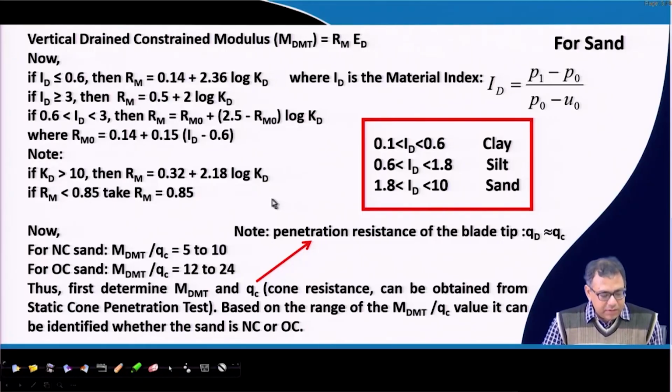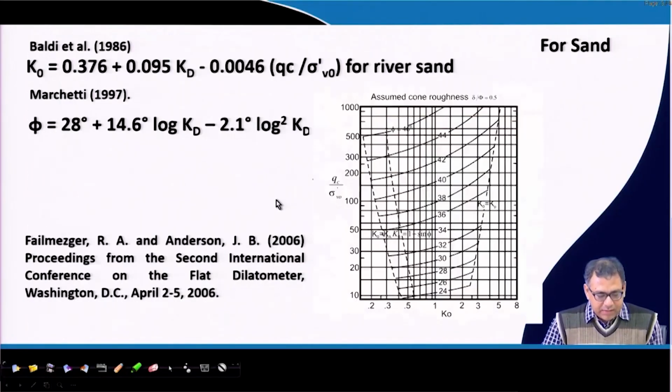Now, for sand also we can calculate the K0 by using this expression. This QC is the cone resistance that I get from the static cone penetration test, and sigma V0 bar is the effective overburden pressure.